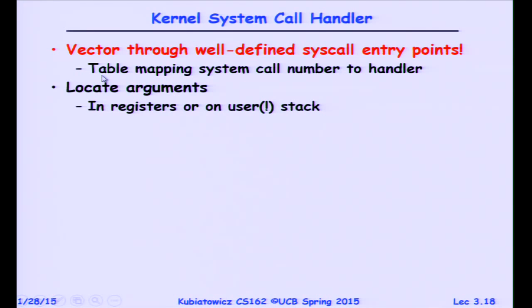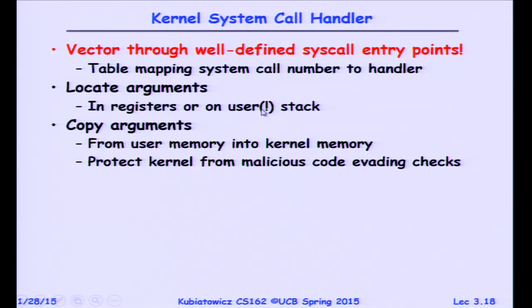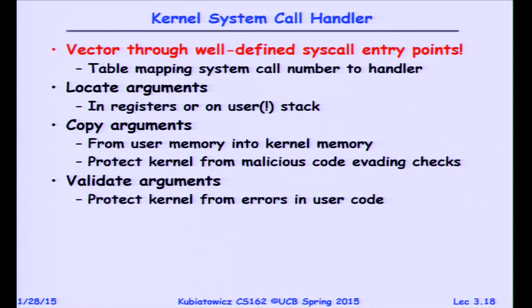You locate the arguments that the user put into that call, which might be in registers or on the stack. You copy those arguments into kernel memory. Why do you do that? To protect the kernel from malicious code evading checks, and from the user claiming access to memory it doesn't have. There are lots of reasons for doing that. Then you validate the arguments to make sure they're not crazy.